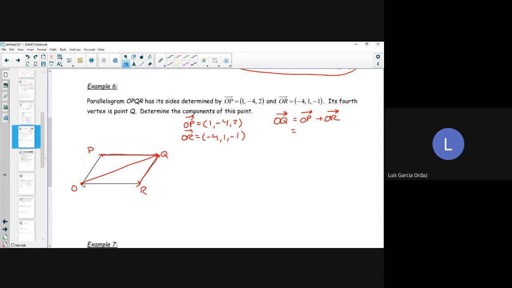Because remember, the resultant from last unit was A plus B gives me vector U. So I take OP and add OR, I get negative 3, and 1. Which is what this point over here is going to be. This guy over here is negative 4, 1, negative 1, sorry. This guy is 1, negative 4, and 2.